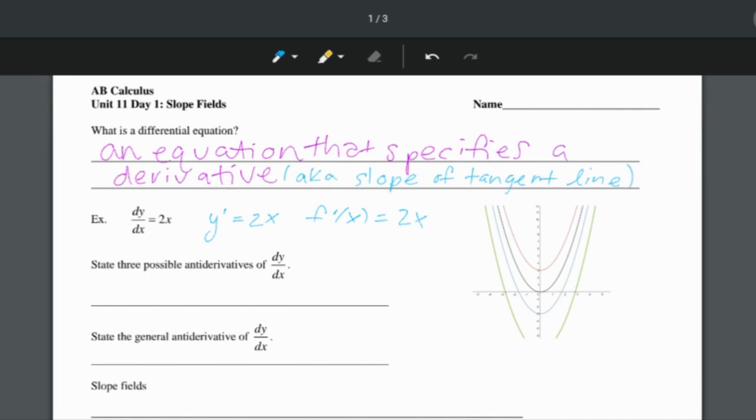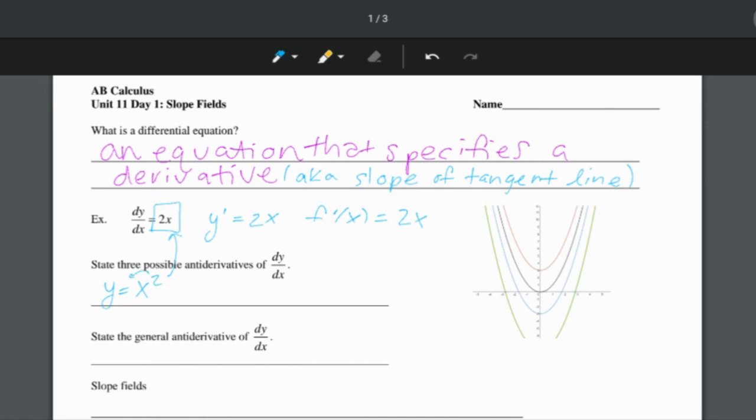So we're working backwards, starting with 2x. If we're working backwards, what was the original function? You could probably think that it's going to be x squared, right? If we took the derivative of x squared, we'd be back at 2x.